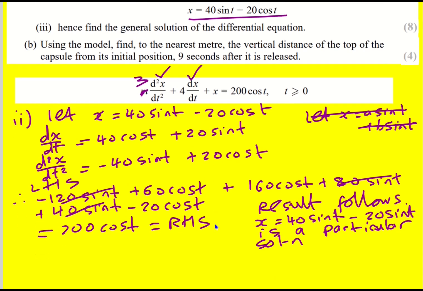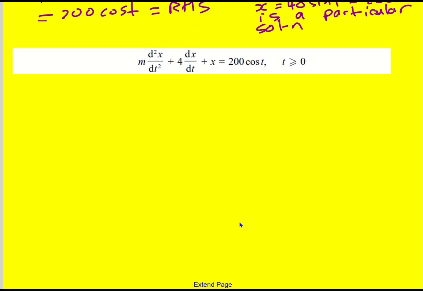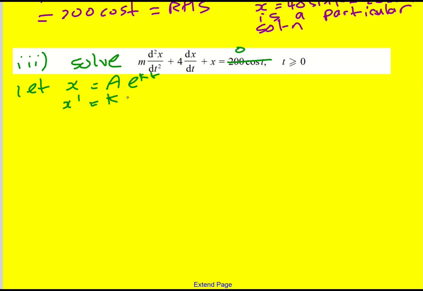Hence, find the general solution of the differential equation. So we've already dealt with x that gives us the right-hand side. Now we're going to set it equal to 0, and we're going to let x equal a e to the kt as our trial function. Then x dash becomes kx, x double dash becomes k squared x.